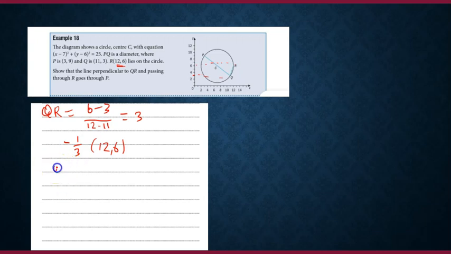We can solve using the formula y minus 6 equals our gradient -1/3 into x minus 12. So this becomes y is equal to -1/3 x plus 10.